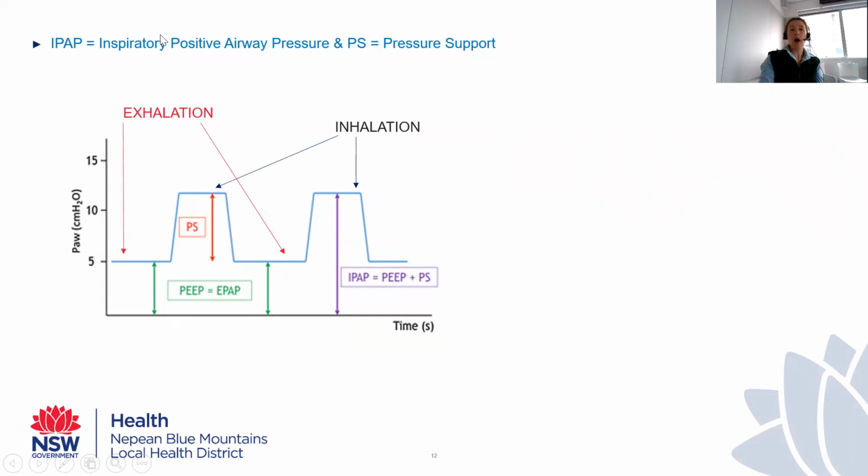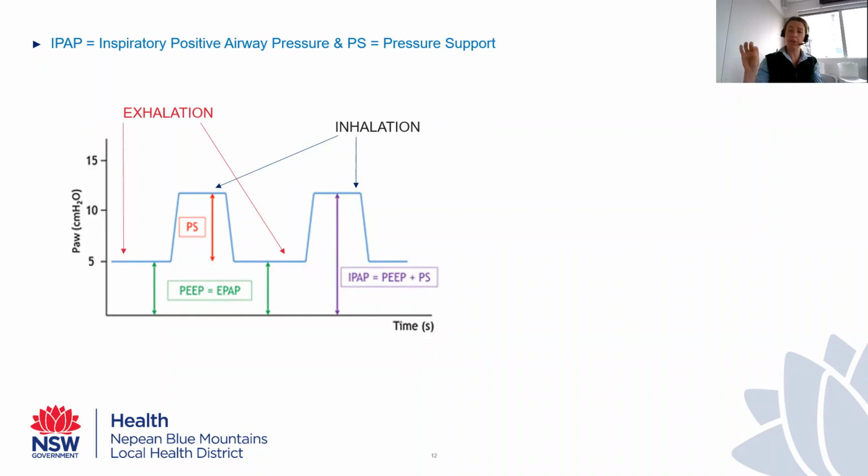All right, so IPAP and pressure support are interrelated concepts, and hopefully you've already had a look at that graph and you can start to understand it, but we're going to actually work through a couple of examples because again, much like the oxygen component, what you get written from a medical officer might not be exactly the same as the setting options that you have available on your machine.